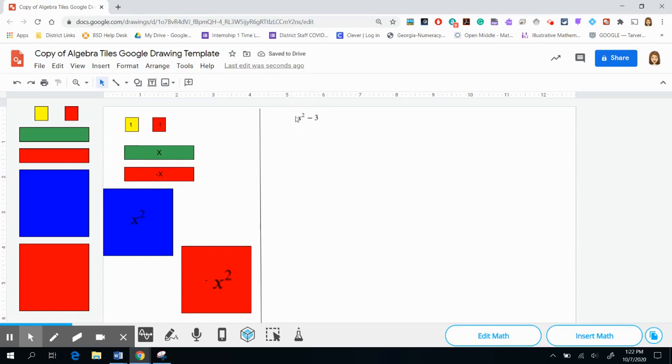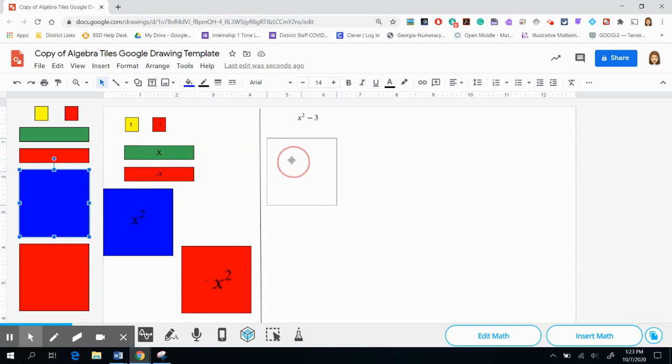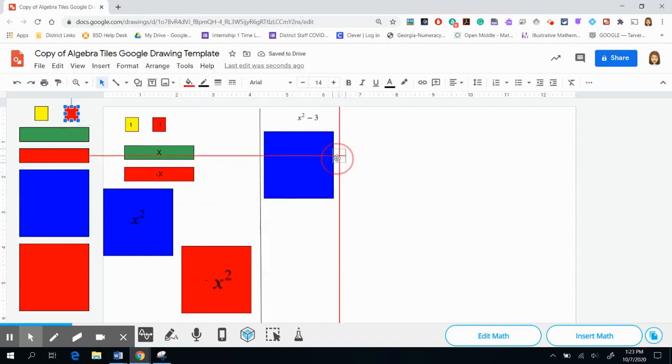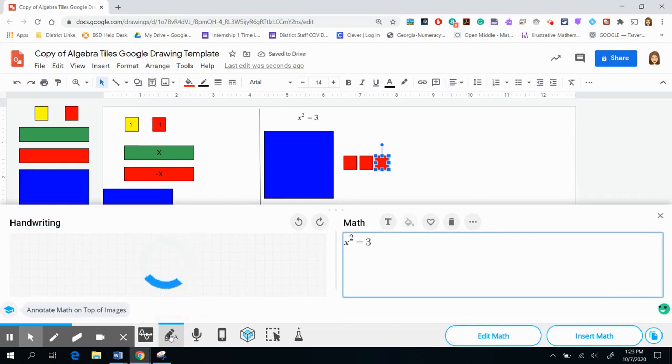All right, and we can't see the coefficient 1 here, but it is understood that this is one group of x squared. So I'm going to go ahead and bring over one group of x squared, and then I need three negative ones. X squared minus 1, minus 2, minus 3. X squared minus 3.